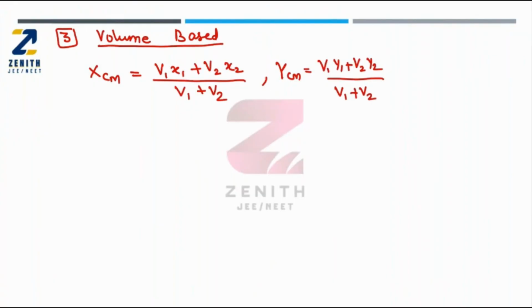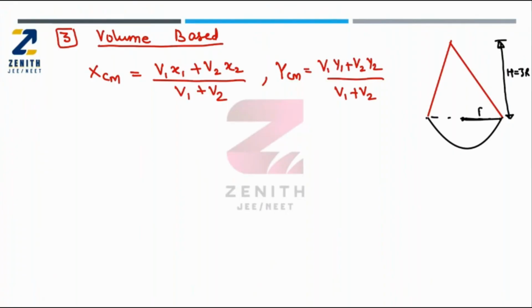So let me take one example. Let us suppose this is a cone. At the bottom of this cone, there will be a hemisphere. The height of the cone, I am just assuming, is h equal to 3r, where r is the radius of this hemisphere.